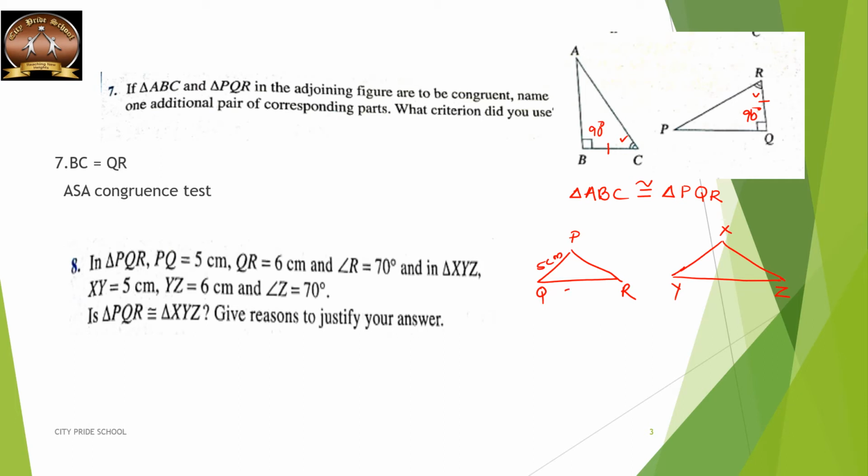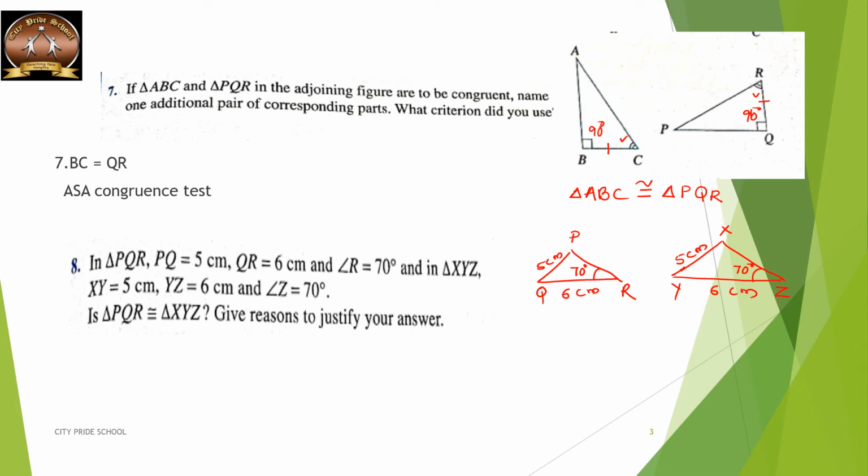QR is equal to 6 centimeter and angle R is equal to 70 degrees. And in triangle XYZ, XY is equal to 5 centimeter and YZ is equal to 6 centimeter and angle Z is equal to 70 degrees. So they are asking whether triangle PQR is congruent to triangle XYZ.